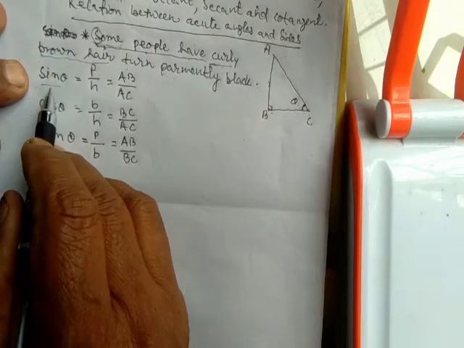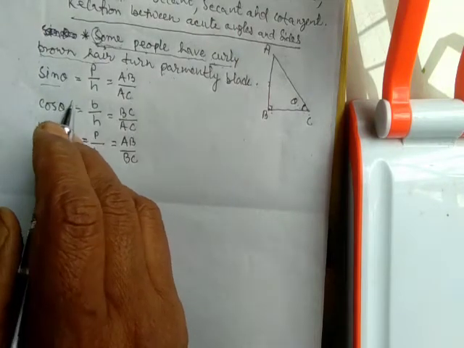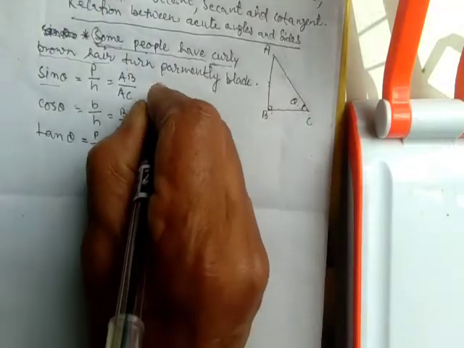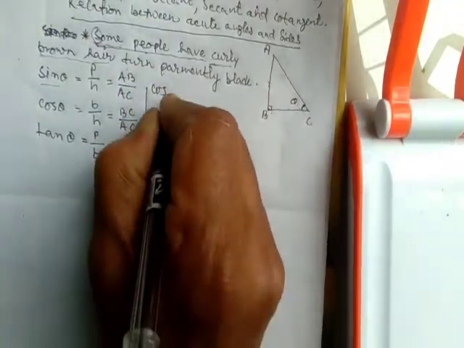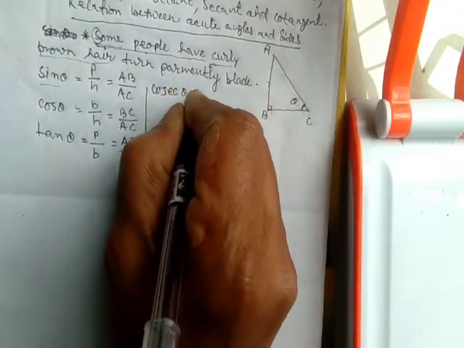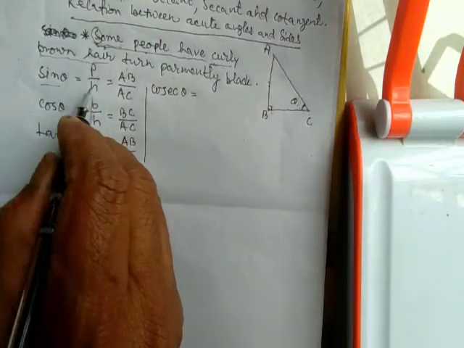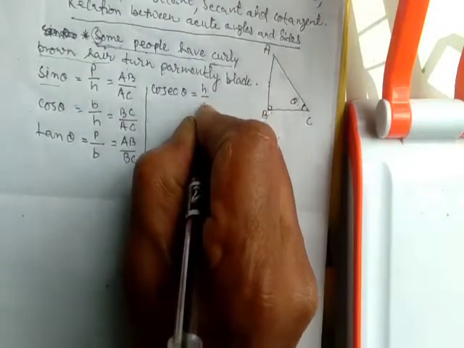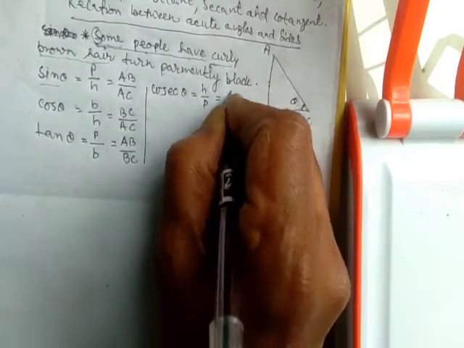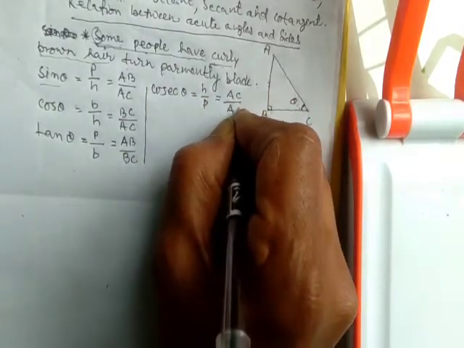Now sine is reciprocal of cosec. So cosec theta is the reciprocal of this one, that is H by P, equal to AC by AB.